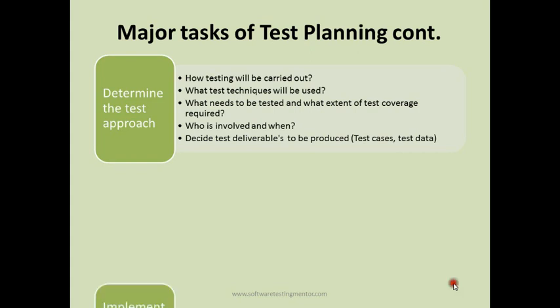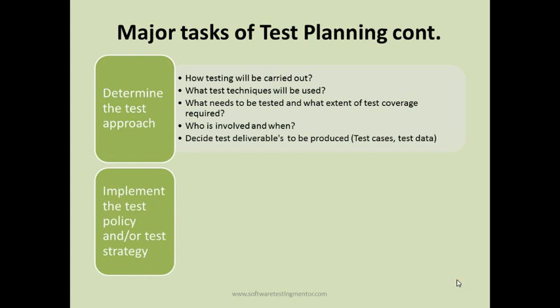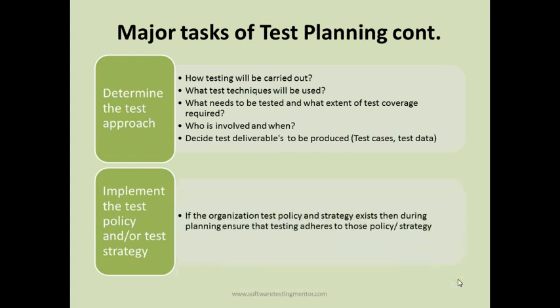Then the third task is to implement the test policy or test strategy. So if the organization's test policy and strategy exists, then during planning ensure that testing adheres to this policy or strategy.